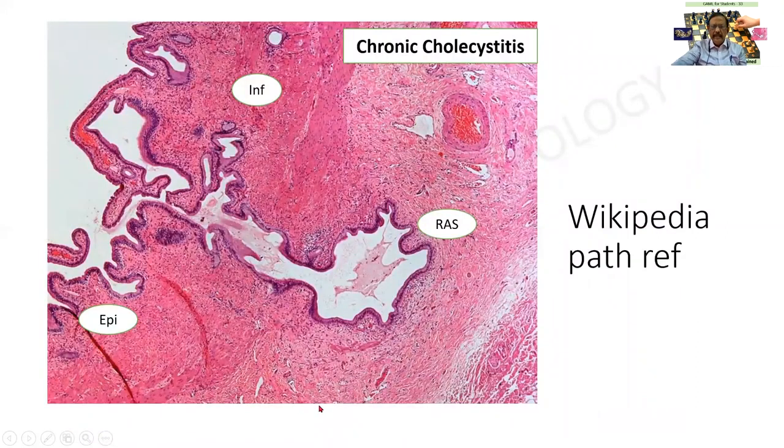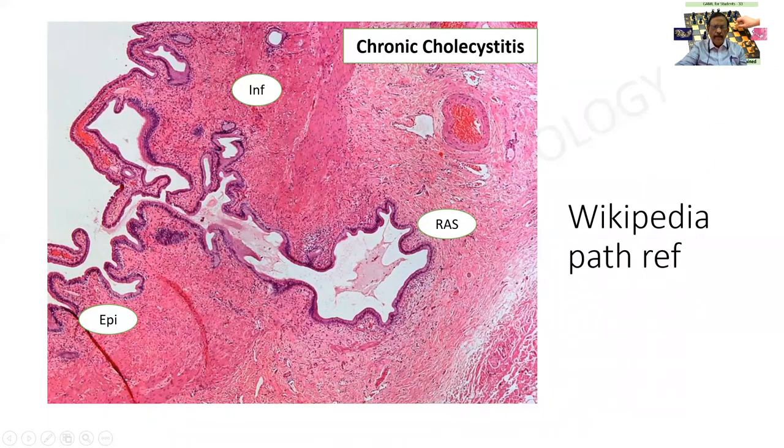This is a slide of chronic cholecystitis, and the source is given over here. In this, I am finding again the mucosa is thrown into folds. It is lined by columnar epithelium, and if you observe carefully, there are multiple fine small dots throughout the lamina propria or the mucosa. So these indicate inflammation.